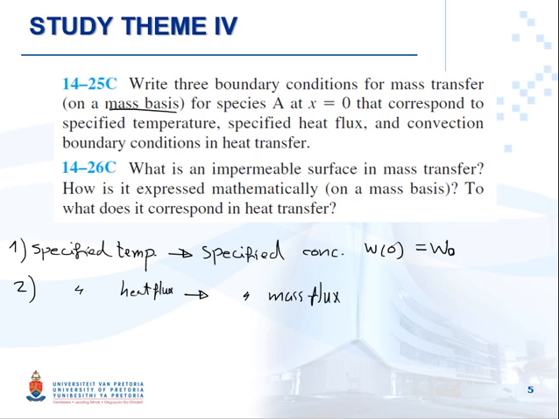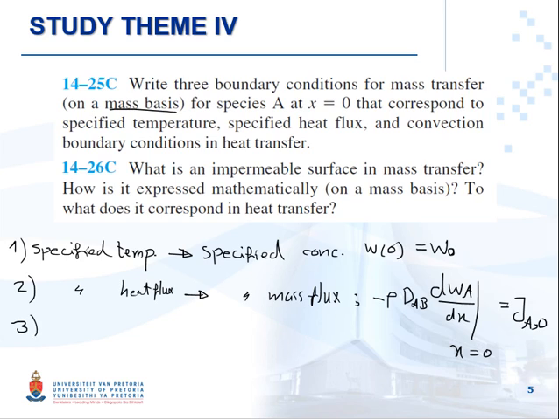Otherwise, we could say it was a mole flux. So if we want to apply that, rho DAB d(wA)/dx at x equal to 0 is equal to the mass flux of A.